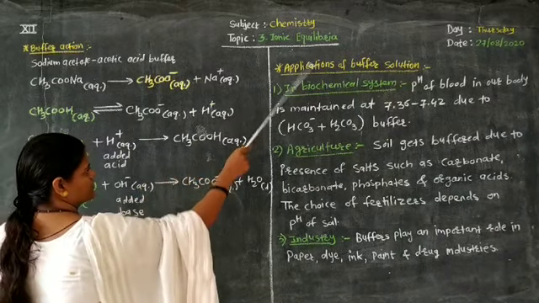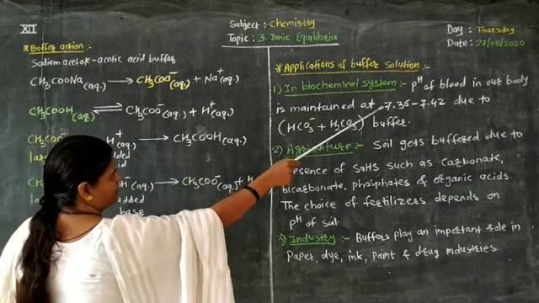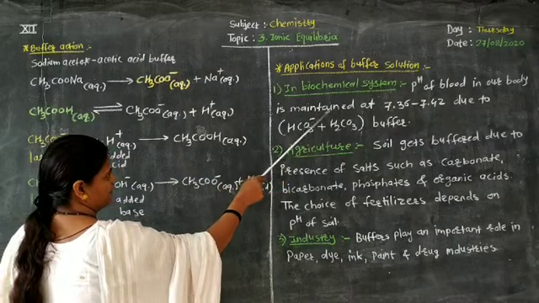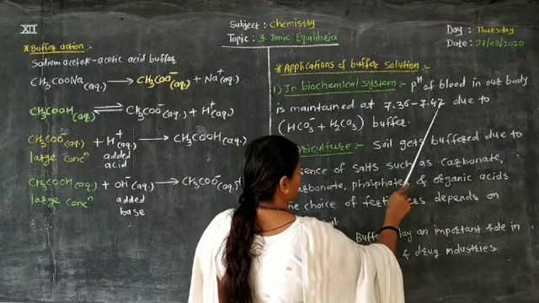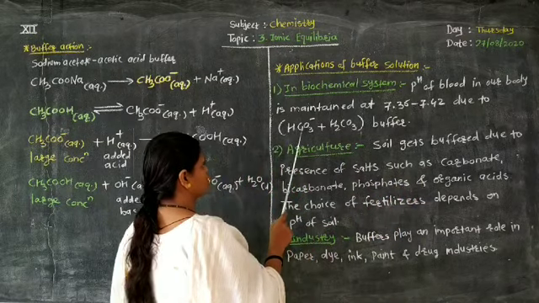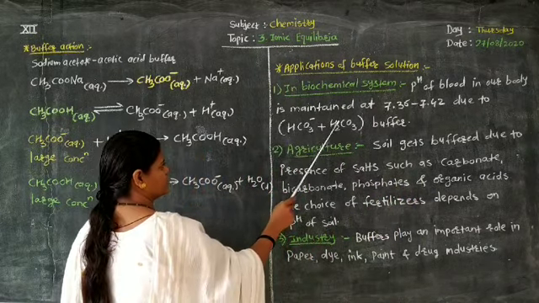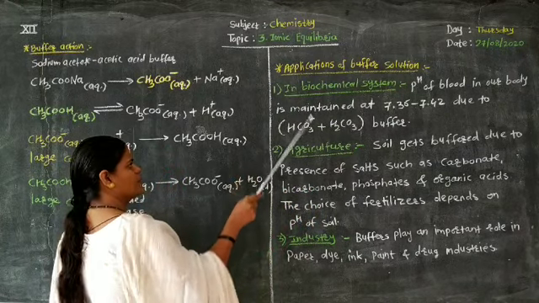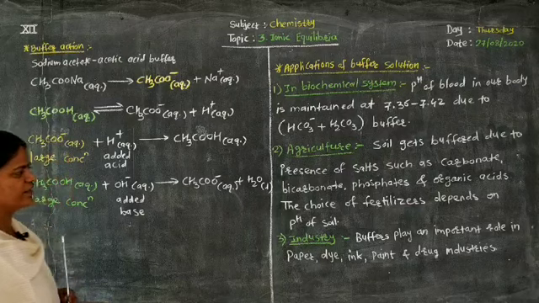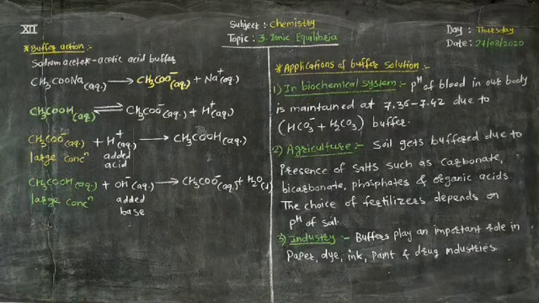In biochemical system, the pH of blood in our body is maintained at 7.36 to 7.42 due to the HCO3 minus plus H2CO3 buffer. Which buffer is responsible to maintain the pH of blood in our body? HCO3 minus and H2CO3.